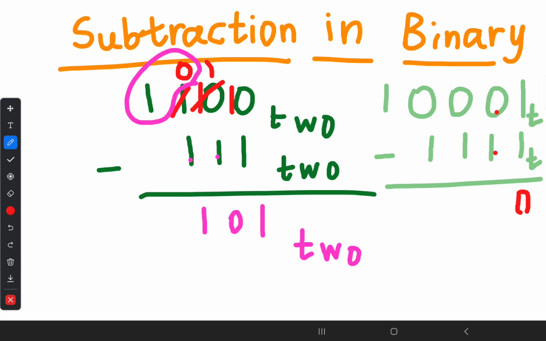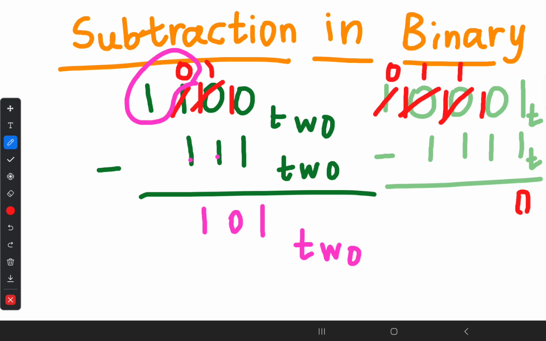From 0 we cannot subtract 1, so from here onwards we have to lend. From 1, when you lend 1, this 1 will become 0. This 0 will become 10. From 10, when you lend 1 again, 10 will become 1. The next 0 will become 10. Then from 10, when you lend 1 again, it will become 1.